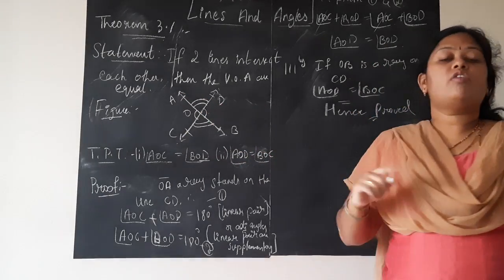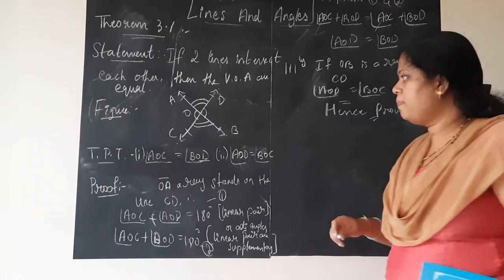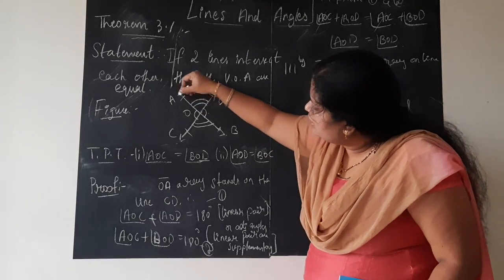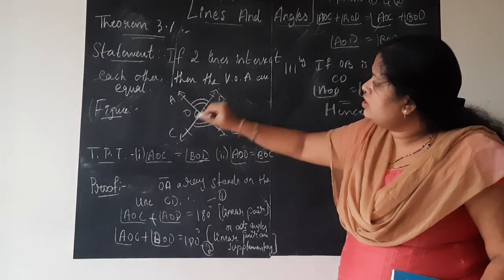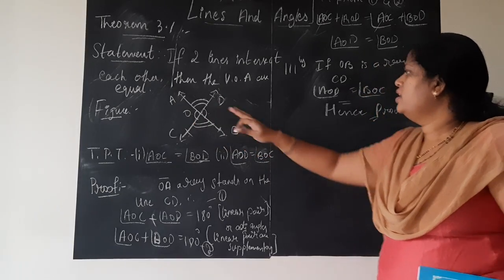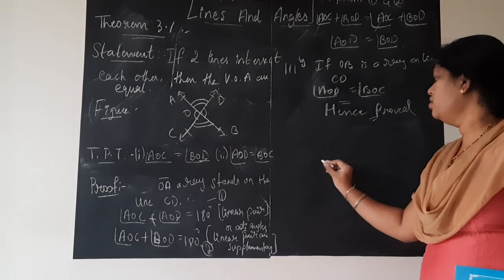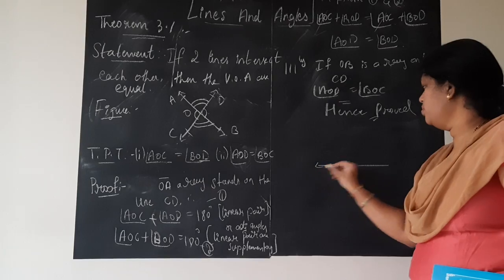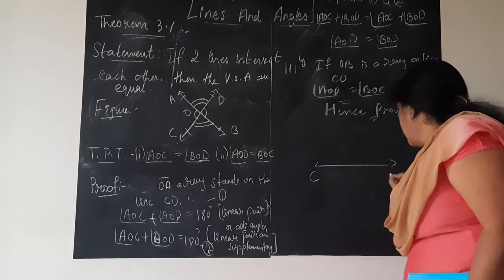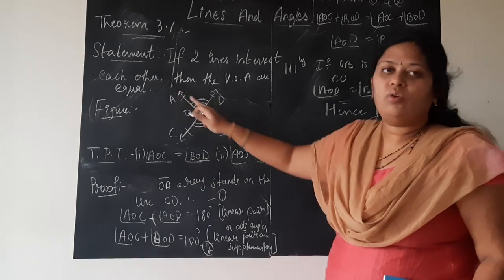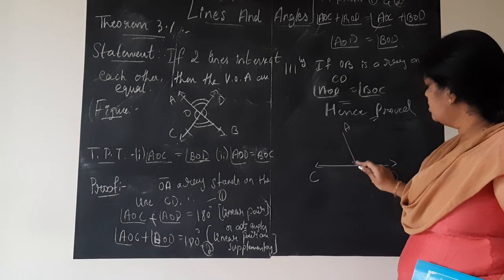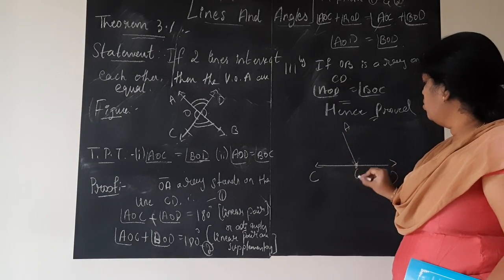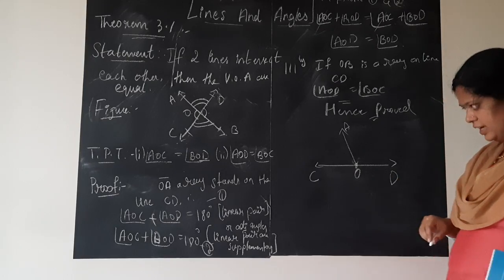We studied the concept of linear pair, which we are applying here. If we imagine that OA is a ray standing on the line CD, this is line CD and this is OA.